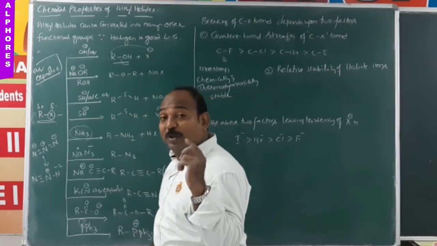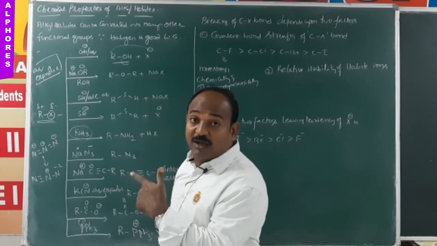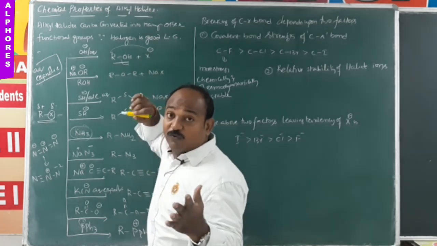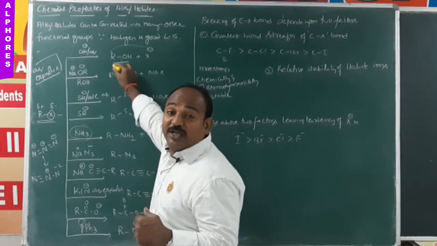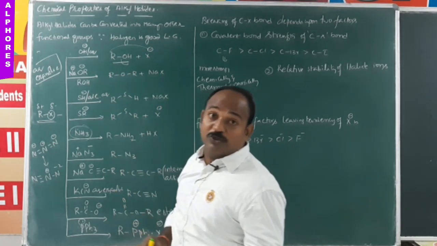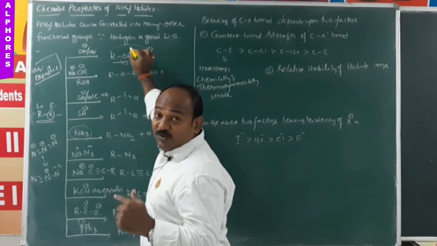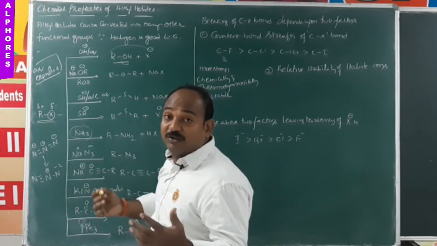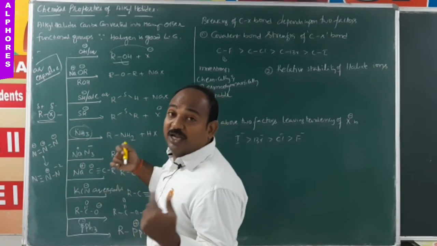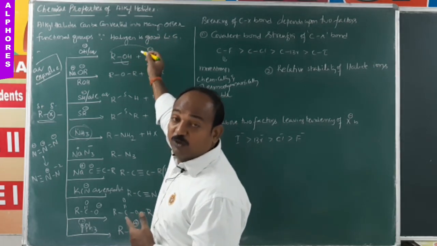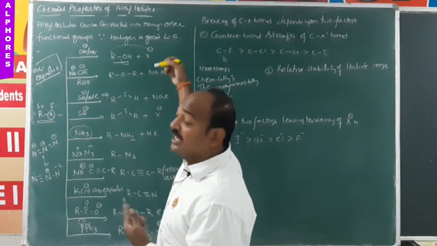In the preparation of alkyl halides from alcohols, we discussed that OH minus is a weak leaving group, so direct displacement or substitution is not possible. In order to convert that poor leaving tendency of OH into a good leaving tendency, what did we do? We protonate in acid medium using HI or HX.